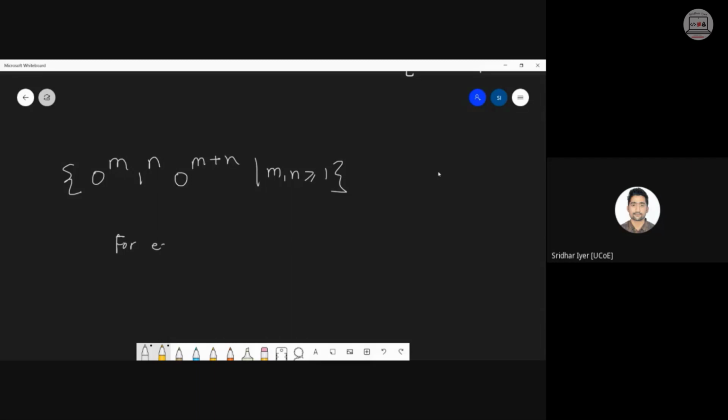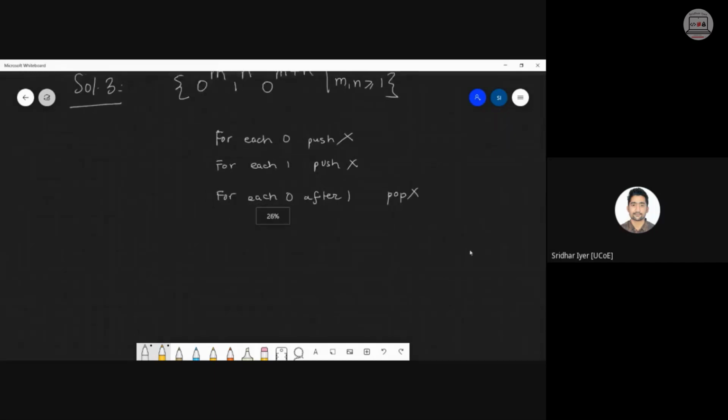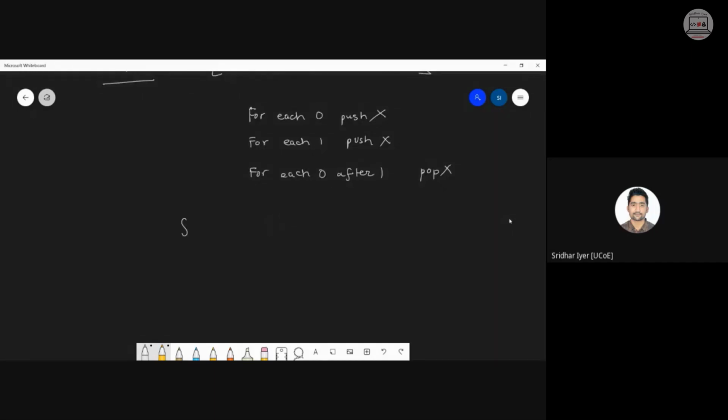For each 0, push x. For each 1, again push x. For each 0 after 1, pop x. Correct?